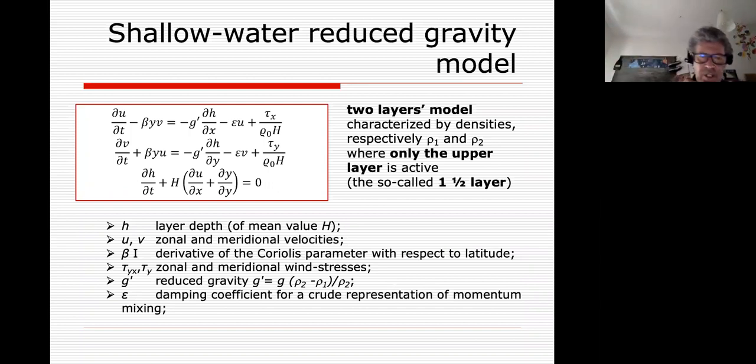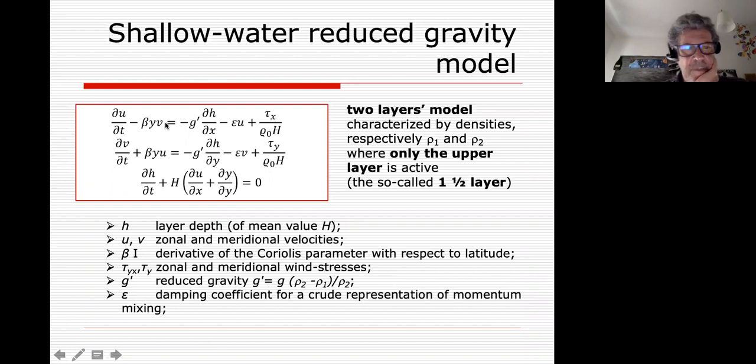These are the momentum equations here for the two components, the zonal and meridional components of the velocity. This is the time derivative of the component. This is the Coriolis term.